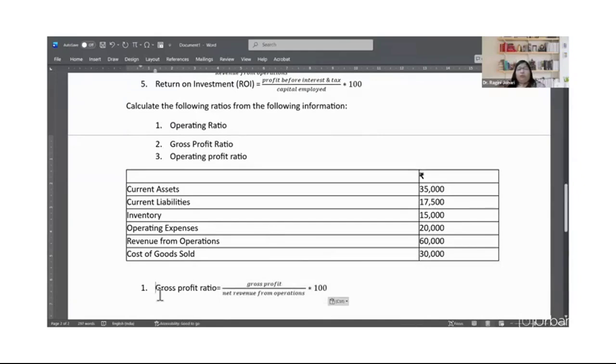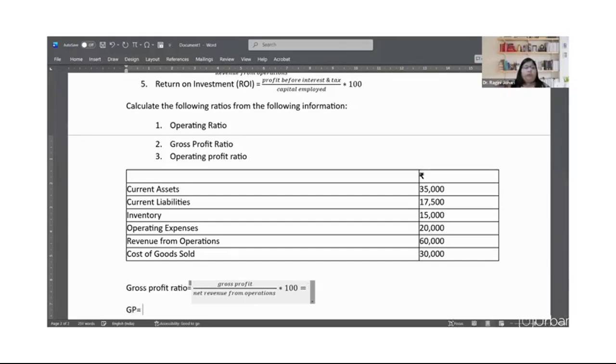Okay. So gross profit ratio is a ratio between gross profit and net revenue from operations. How much is the gross profit earned by the company here? Let us see. Now, gross profit is net revenue from operations minus cost of goods sold. Let's write this formula here.